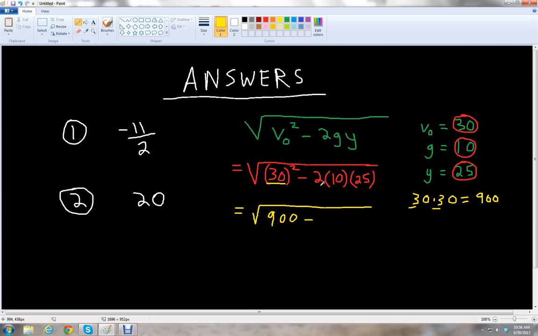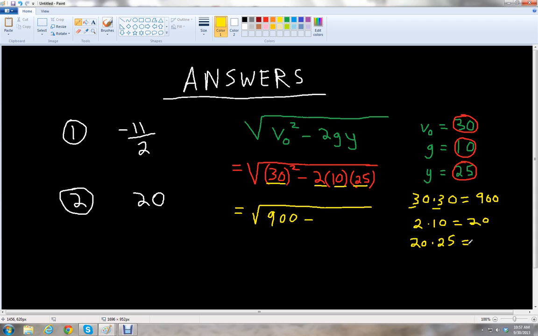We can multiply these in any order, so it doesn't matter which ones you want to do. We can just do left to right. So we have 2 times 10 is 20. And then 20 times 25.